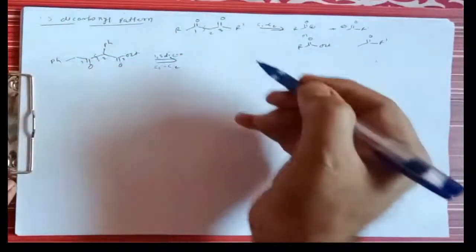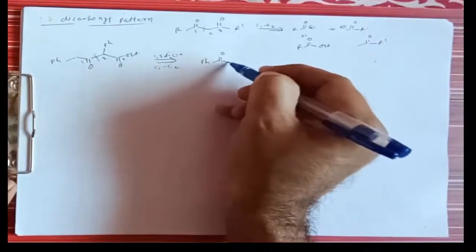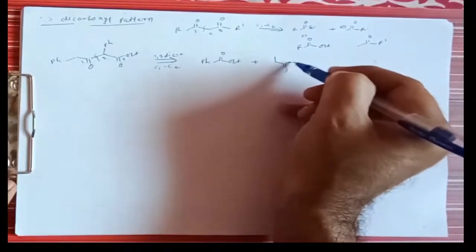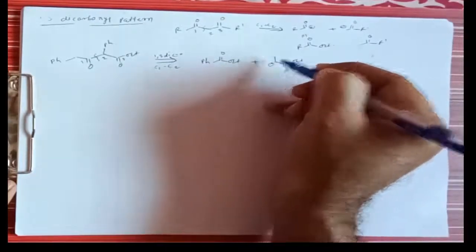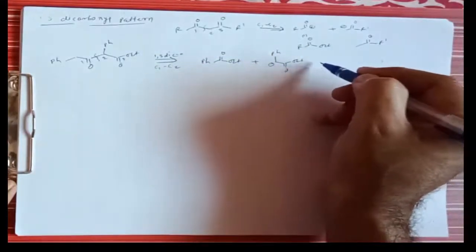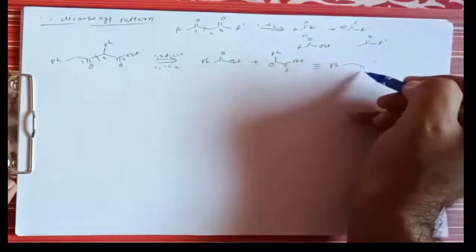If we break the C1-C2 bond, what does it give? From one side it gives an ester, right? And from the other side it gives a negative charge, and here is Ph, right?